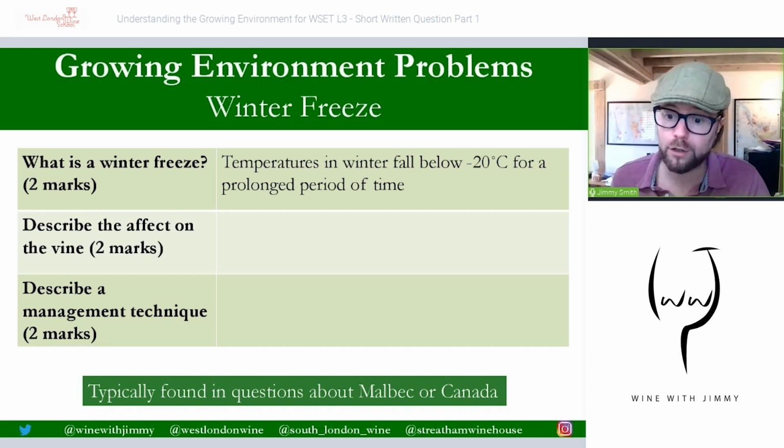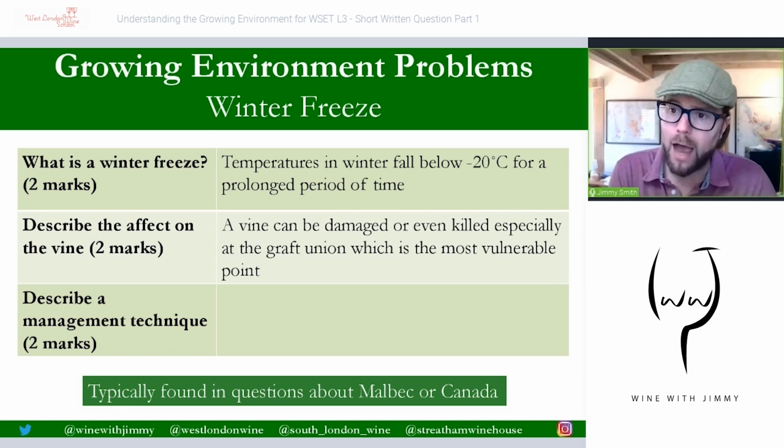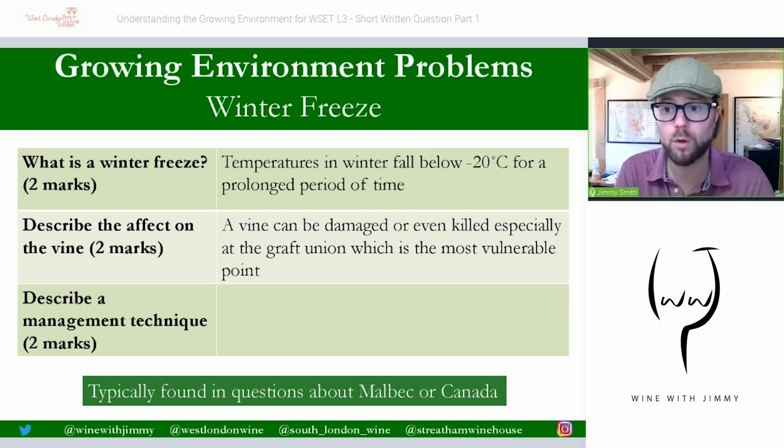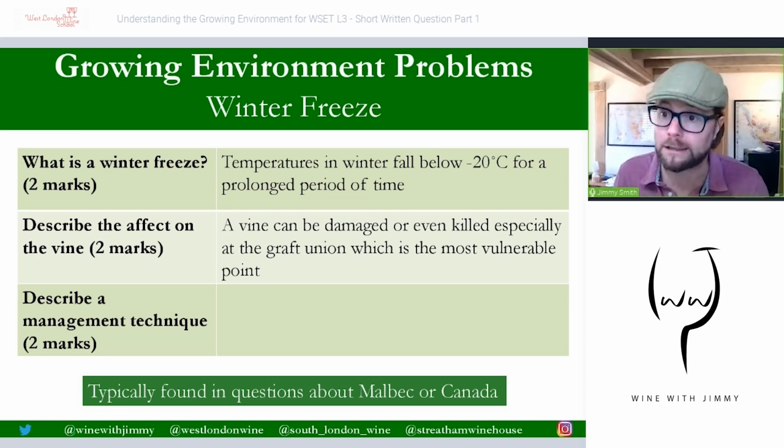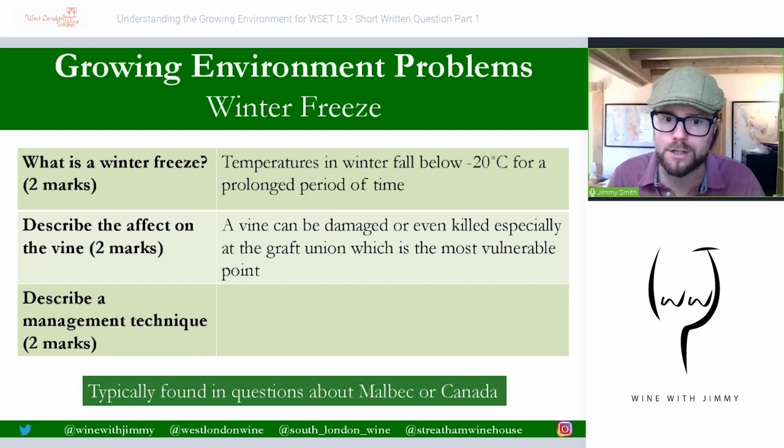What does it do? A vine can be damaged or even killed, especially at the graft union, which is the most vulnerable point. So that is for 2 marks. We are not going into detail about the graft union here on this question, but I will now give you a bit of fundamental understanding.